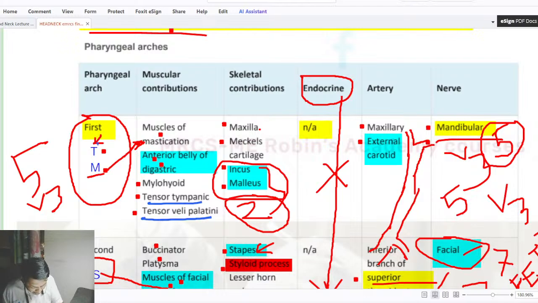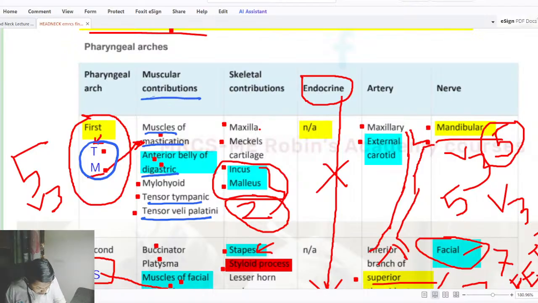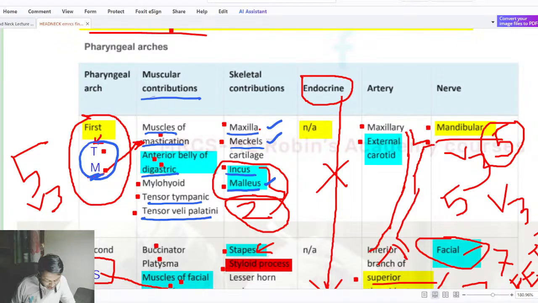Then M for muscles of mastication, then anterior belly of digastric. Again, these are the muscular contributors. Then the skeletal contribution, again M: maxilla, Meckel's cartilage, incus, and malleus. So malleus, maxilla, Meckel's cartilage are all covered by the M. Then endocrine: no endocrine from the first arch.